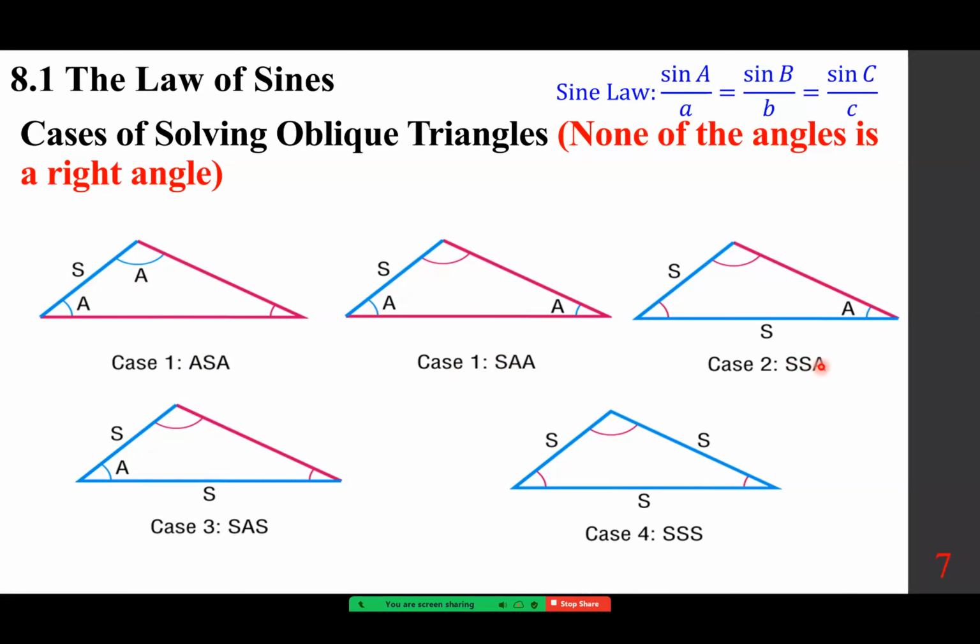Now we have two sides and an angle. Two ways it happens. One is that the angle is not in between. One is that the angle is in between the two sides. Finally, three sides are known. So those are various cases we are going to look at.